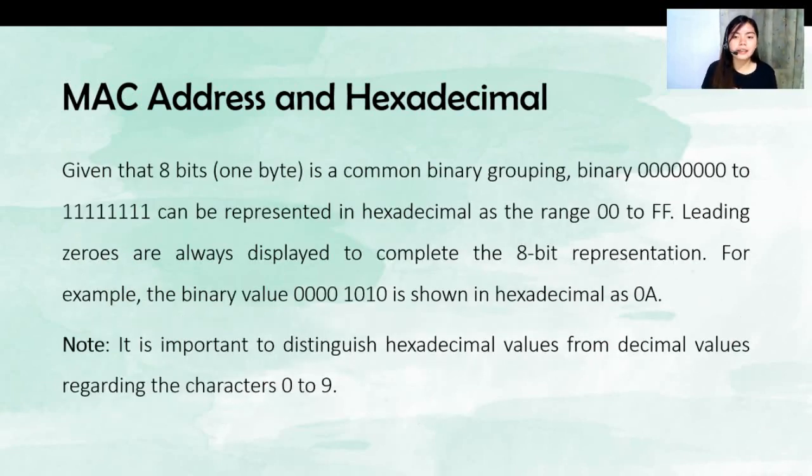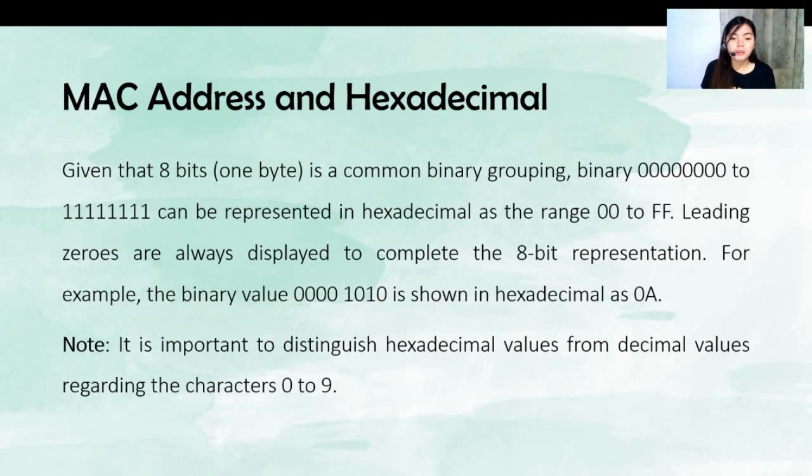MAC address and hexadecimal. Given that 8 bits, or 1 byte, is a common binary grouping, binary 00000000 to 11111111 can be represented in hexadecimal as the range 00 to FF. Leading zeros are always displayed to complete the 8-bit representation.